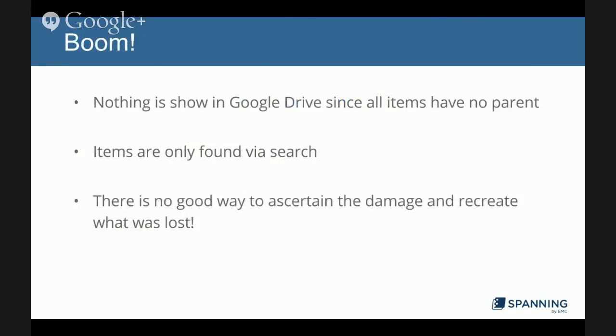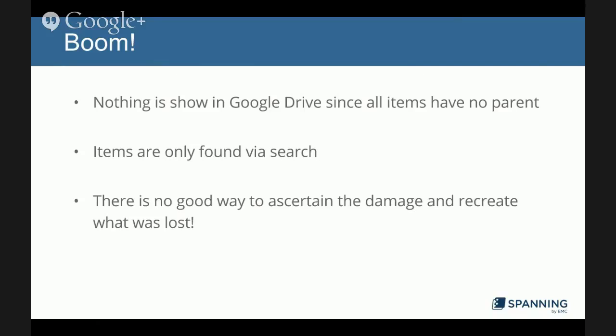And so the fallout of that again is it just makes it very, very difficult when these situations occur to have your employees, partners, customers understand what happened. How did they get to the data they need to do their job? Nothing shows since it has no parent. It's been orphaned, as it's called.